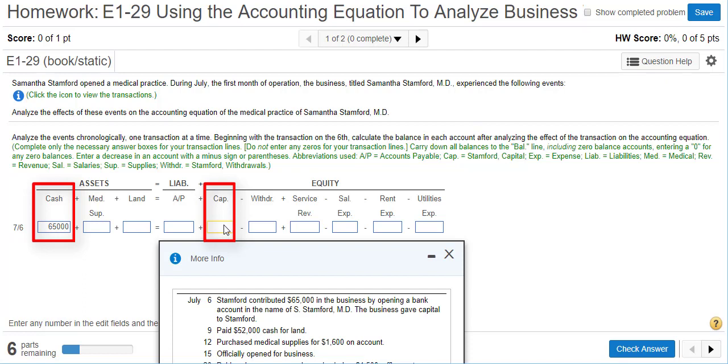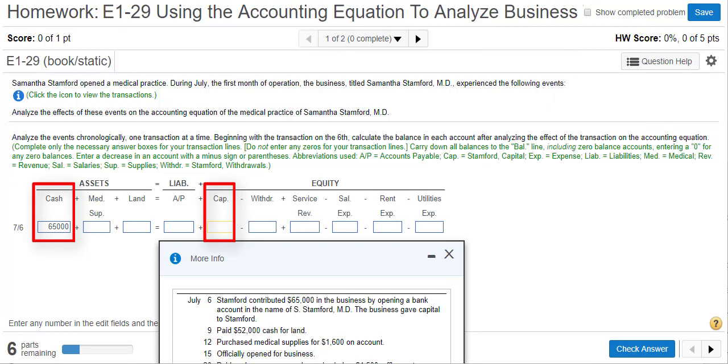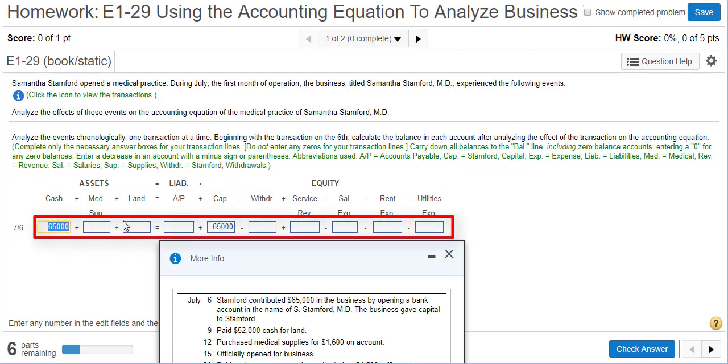Is capital going up or is capital going down? Well, remember, an owner contribution increases capital. So we have to leave this as a positive $65,000. The other reason you know that this had to be a positive $65,000 is because this transaction row right here has to balance.